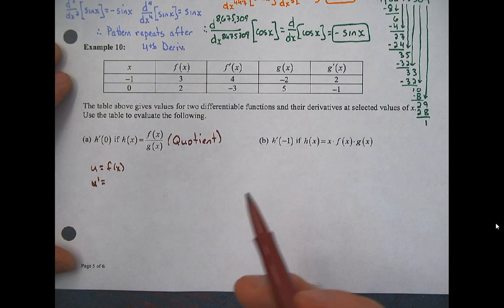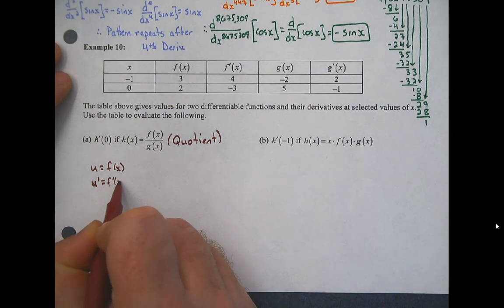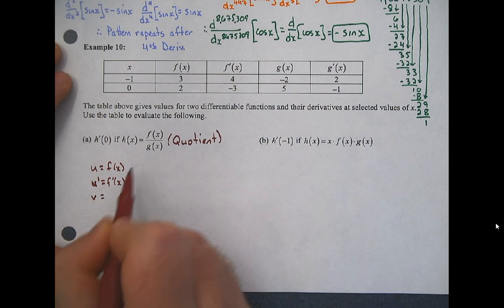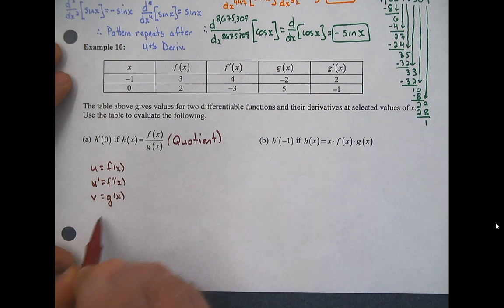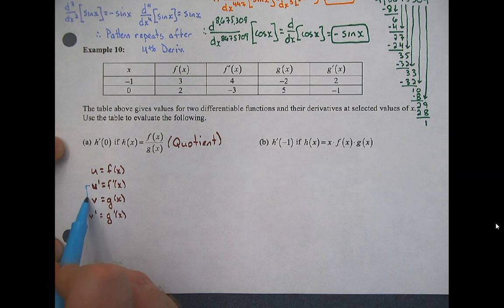Well, we don't know what f is, but we do have a name for its derivative. Its derivative's name is f prime. V is equal to g of x. Its derivative's name is g prime of x. Now we are doing the quotient rule. So that's u prime v minus uv prime.